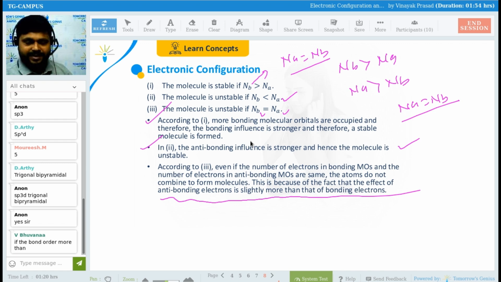Even though the number of electrons is the same, there will be the influence of anti-bonding molecular orbitals, so there will be less stability. Getting my point, everyone? This is because the effect of anti-bonding electrons is slightly more than that of bonding electrons.